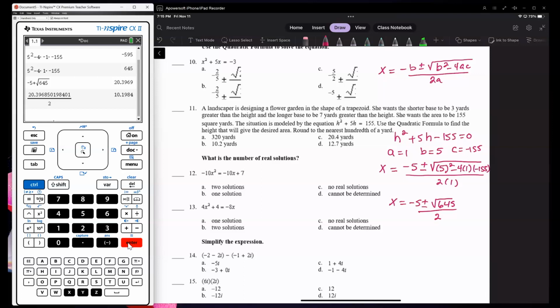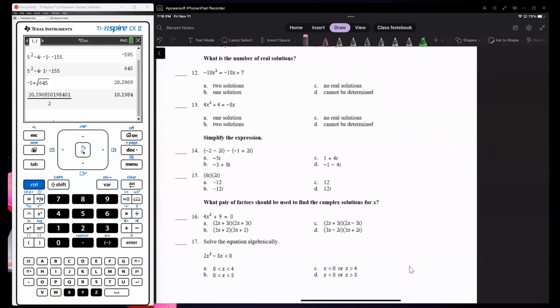Now let's try the other one, which we're not going to use because it's going to be a negative height. It said to round to the nearest hundredth of a yard. So it's 10.1984, so it's 10.2. So your answer is B. It has to be 10.2 yards.